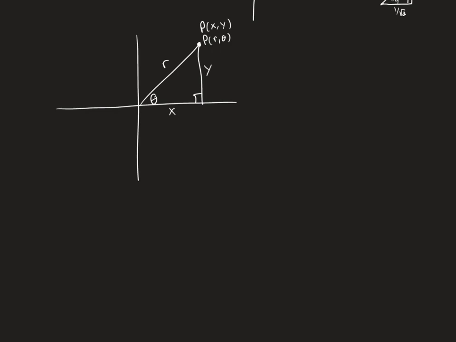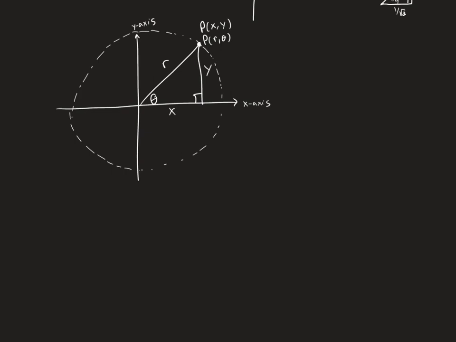So this is what I mean by the fact that the Cartesian coordinate plane, where this is the x-axis and this is the y-axis, and the polar coordinate plane, where we're thinking of this r as the radius of some circle, both of these coordinate systems are living in the same place simultaneously.